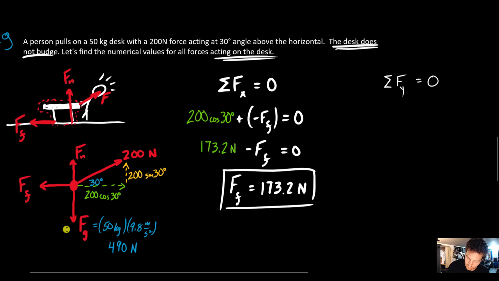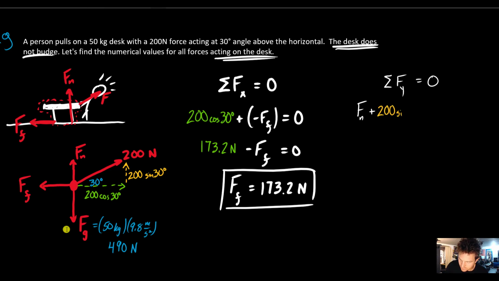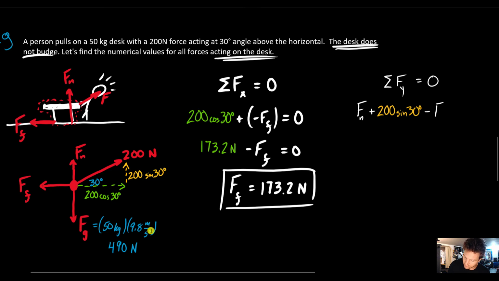So I have normal force plus, this is 200 sine of 30 degrees, minus, we said the force of gravity was 490 newtons. So actually, I'll just leave it as force of gravity for now. That equals 0.